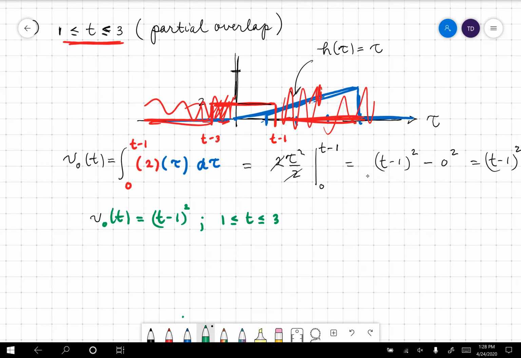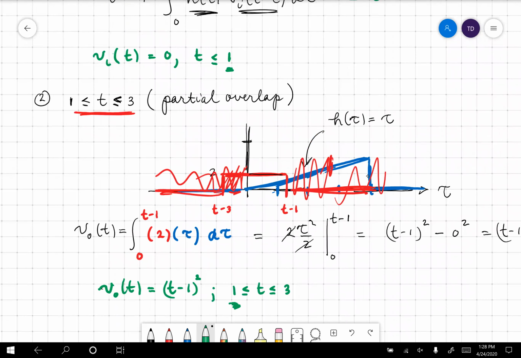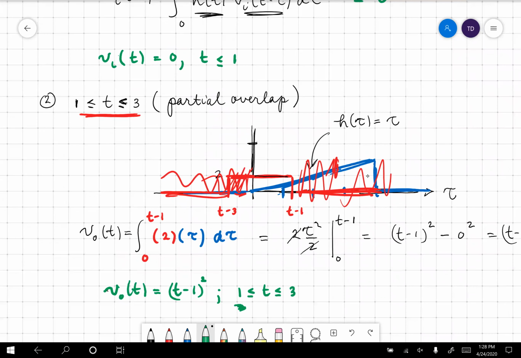I want to check the border with you. So notice that this one here is valid right here for t equal to 1. This one up here is valid for t equal to 1. What is the value of v of 1 up here, according to this equation that we're looking at? What's it equal to? 0.